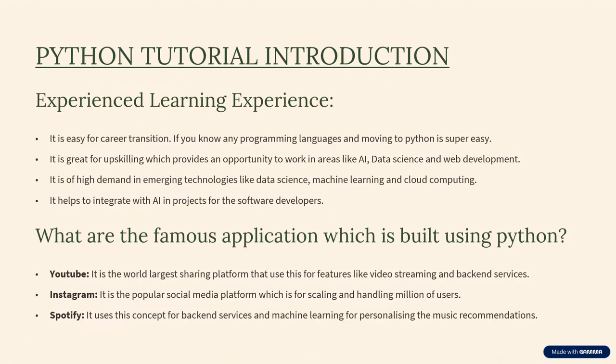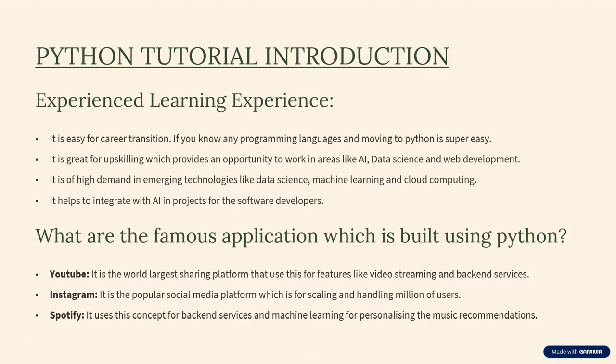Experienced learning: for an experienced person, it is easy for career transition. Suppose you want to update and upskill in artificial intelligence, data science, or machine learning, so you can move to Python. You have industrial experience of writing code in C, C++, Java, C Sharp, or any programming language. If you look at the industry, this programming language is the trend and most applications are built with it.